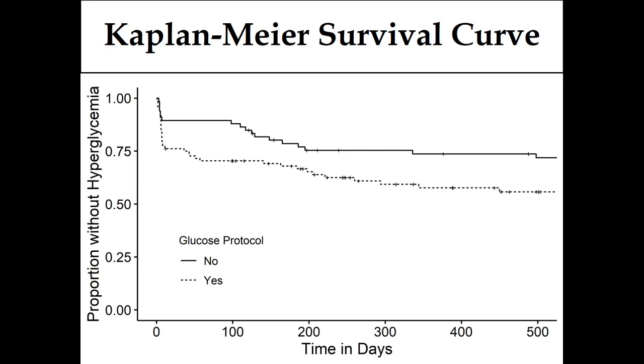A higher proportion might dip in the protocol group than in the no protocol group. It's just that they're supposed to be parallel. It shouldn't be that one group dipped greatly early on, the other group doesn't, and then just different patterns. And they certainly shouldn't cross lines at any point. That would be a violation of the assumption of proportional hazards.